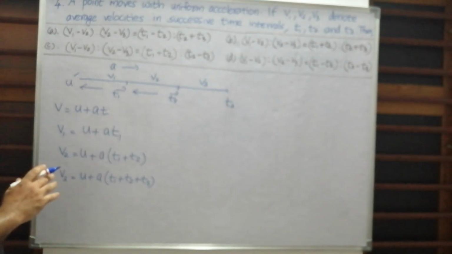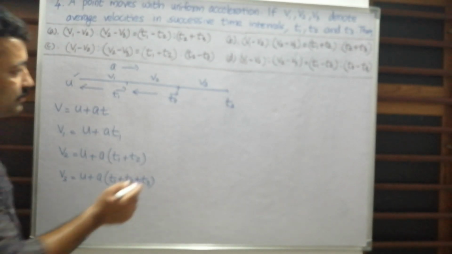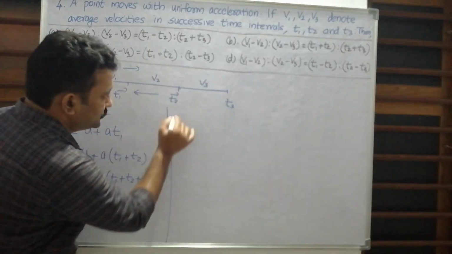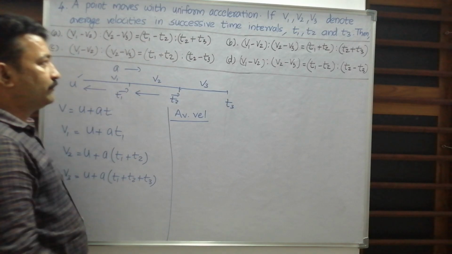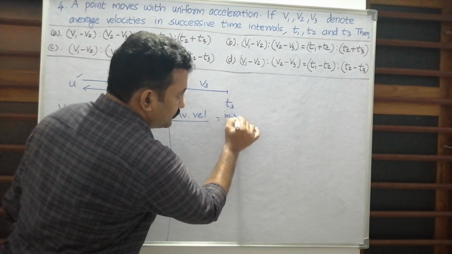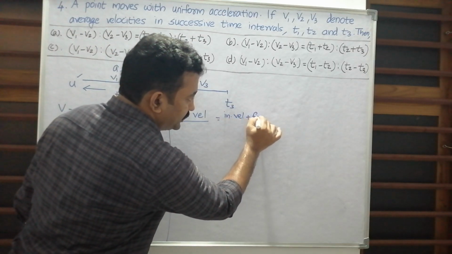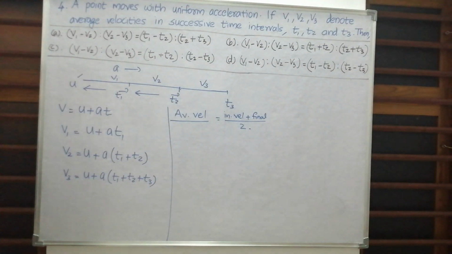We got the relations v1, v2, v3. Now I am entering into the concept of average velocity. What is average velocity? For a constantly accelerated motion, average velocity is always equal to initial velocity plus final velocity divided by 2. So I can write any of these.